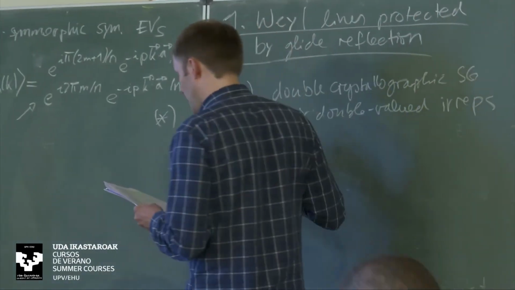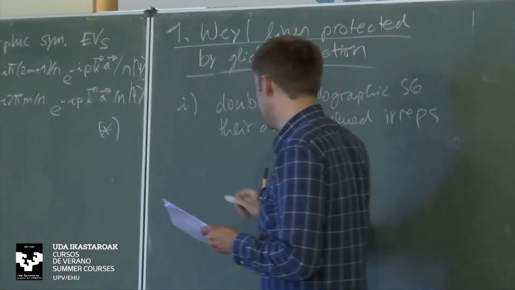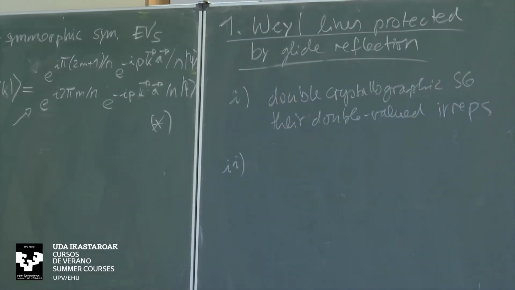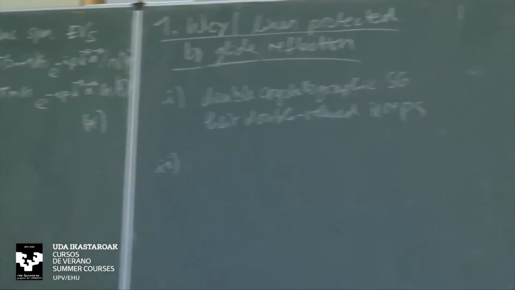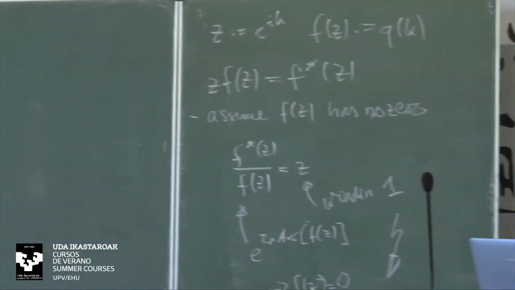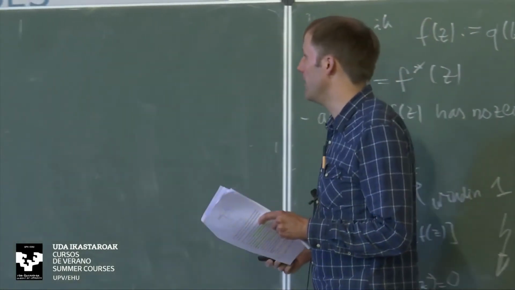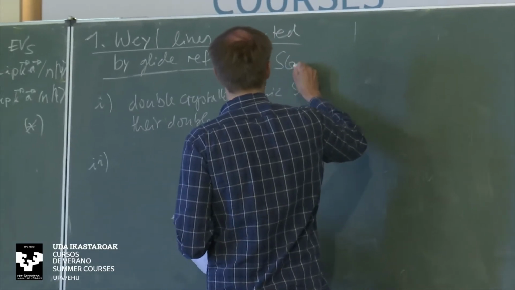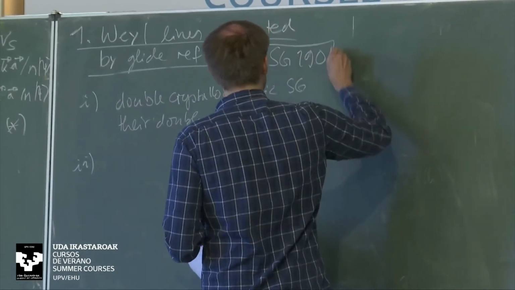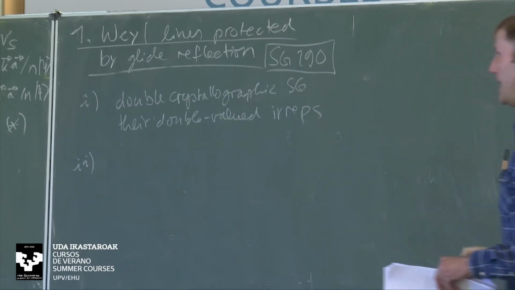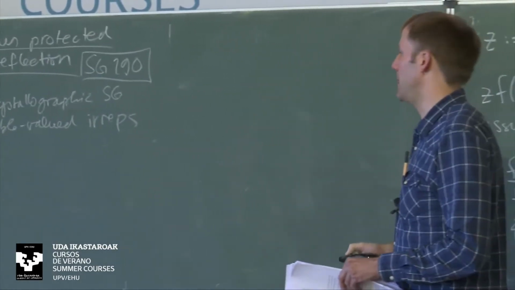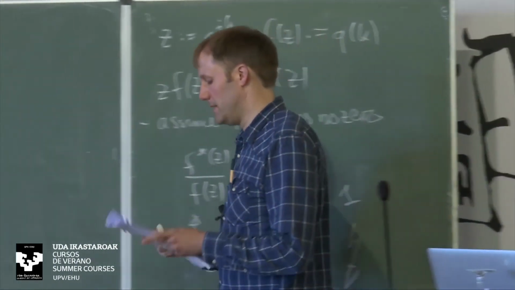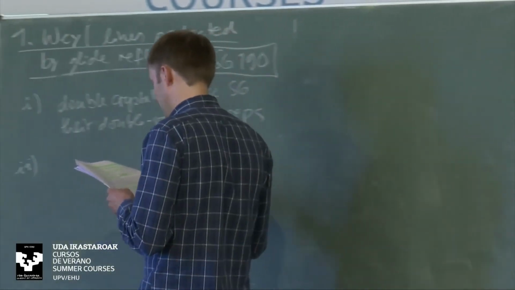We don't consider single groups, but we have to consider the double groups. And so we can now label all the states within this invariant plane in terms of these double-valued irreps of this space group 190. So we can use these irreps to label the bands within this invariant plane, and then look at the compatibility relations between these irreps.